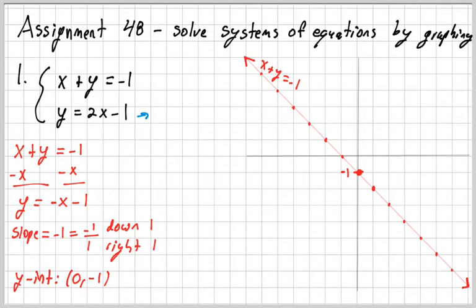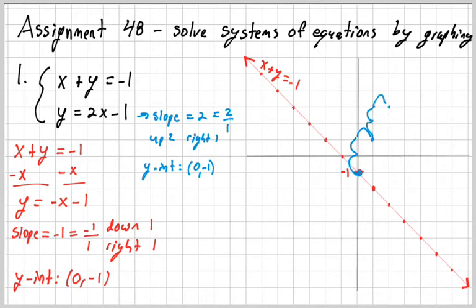Okay. And that's it. Now the second line here, y equals 2x minus 1, is already in y equals mx plus b form. Here the slope is going to be 2. Now we can write that as a fraction as 2 over 1. So you're going to go up 2 and right 1. This one also happens to have the same y-intercept of 0, negative 1. From 0, negative 1, you're going to go up 2 and right 1, up 2 and right 1, and you keep going.